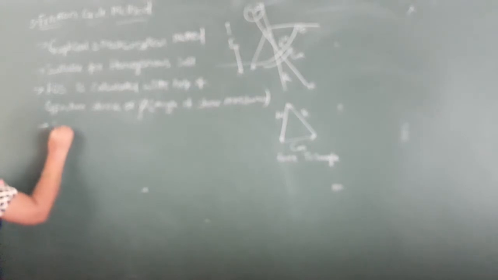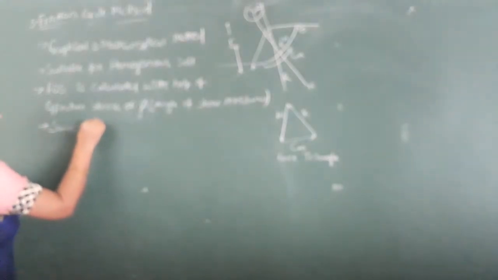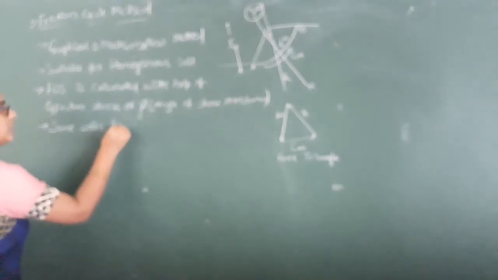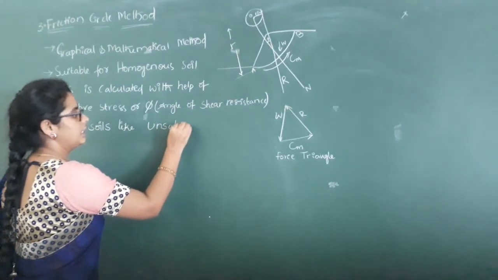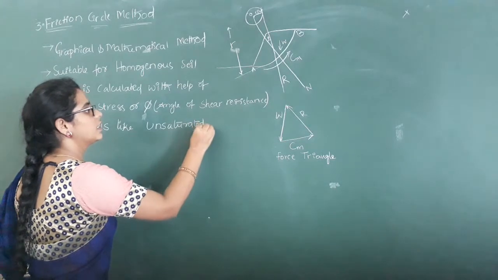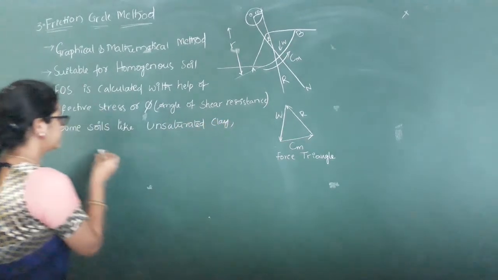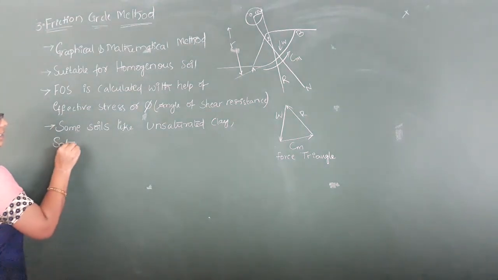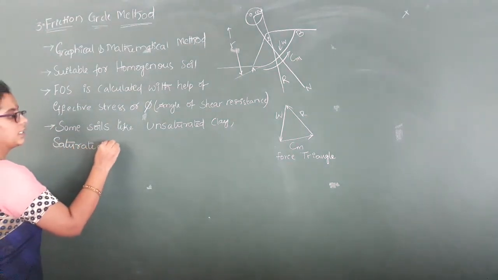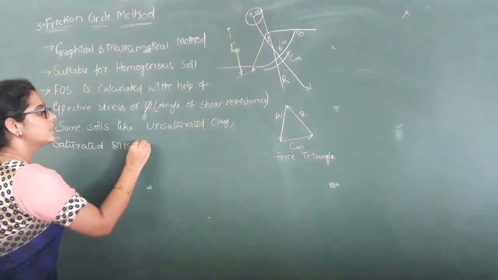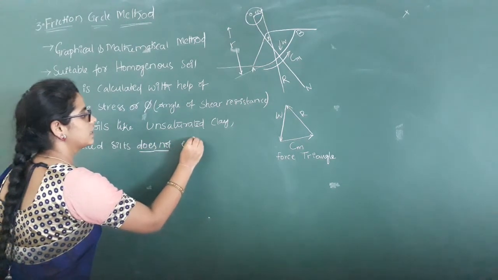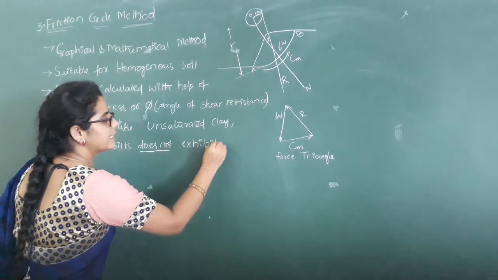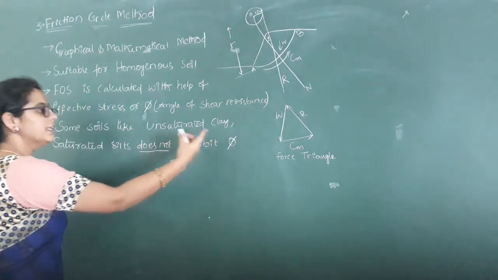Some soils like unsaturated clay and saturated silts do not exhibit the angle of shear resistance, or phi.